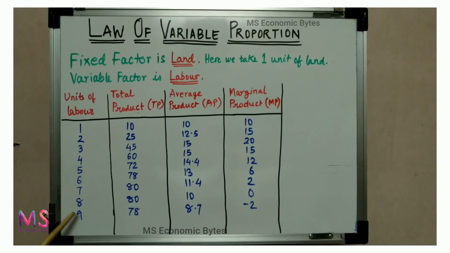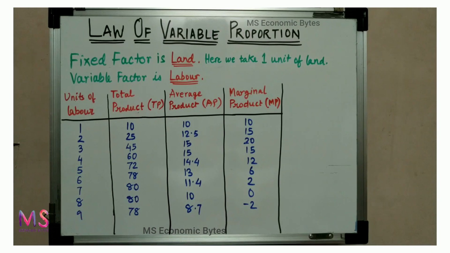At the 8th unit of labor employed, total product is 80 and it is at its maximum, and the marginal product becomes 0. Why? Because from the 7th to the 8th unit there is no change in total product, which is why marginal product is 0. And eventually beyond the 8th unit, that is the 9th unit of labor, total product declines, it becomes 78 and marginal product becomes -2.